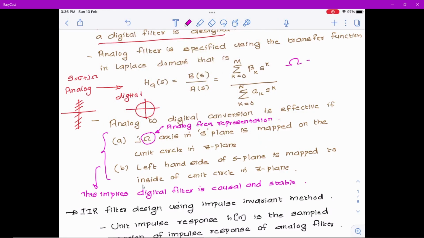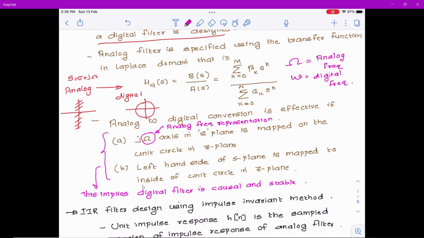Capital omega is the analog frequency and small omega is the digital frequency. Don't interchange them, otherwise everything will be wrong. The capital omega notation is the analog frequency. The small omega notation is the digital frequency. Don't confuse them.